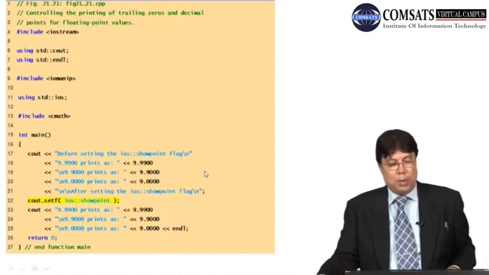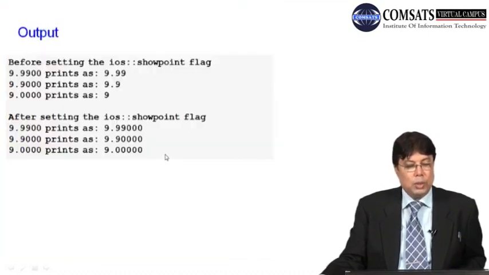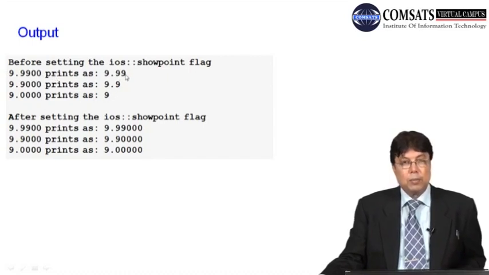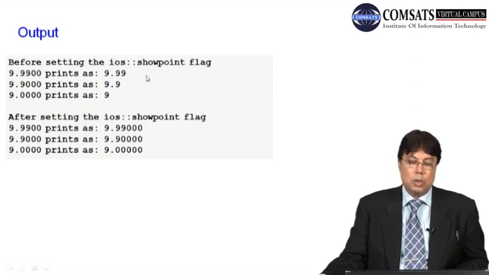So what do you expect? If showpoint has not been set, then the output before setting showpoint will be: 9.9900 will be printed as 9.99, and 9.9 will be printed as 9.9, because the zeros after the decimal places have no significance, so by default they are not printed.